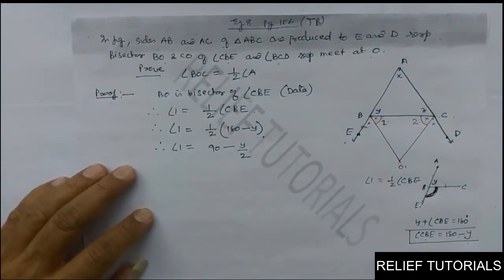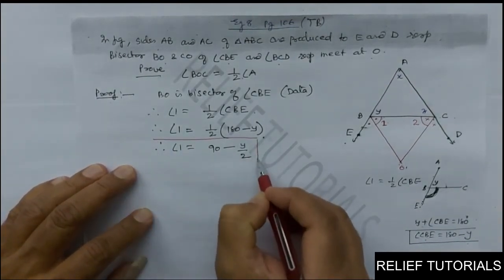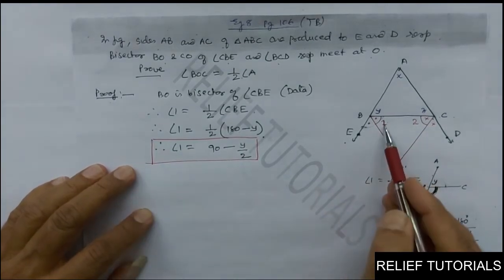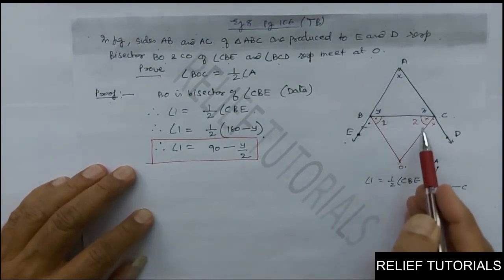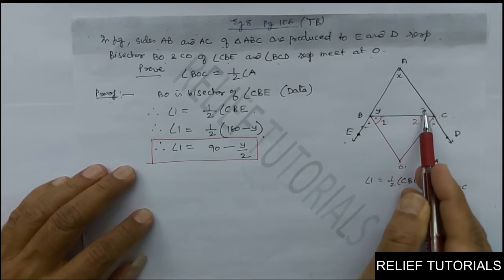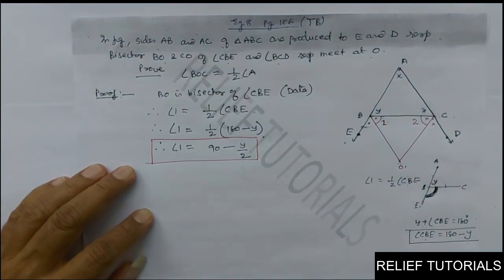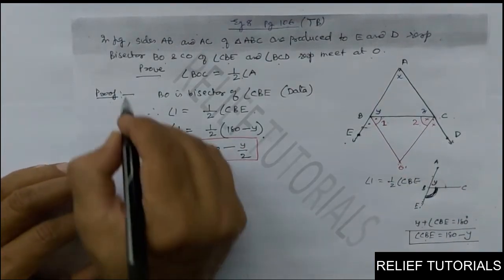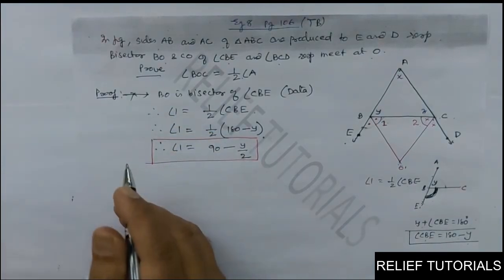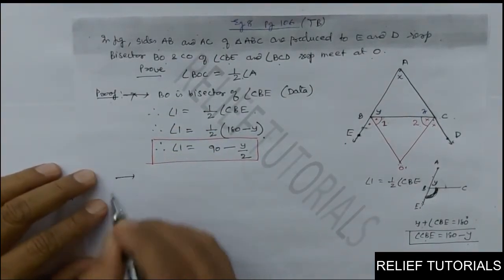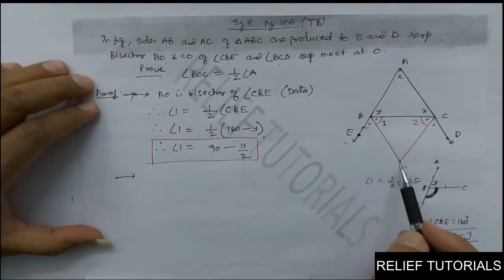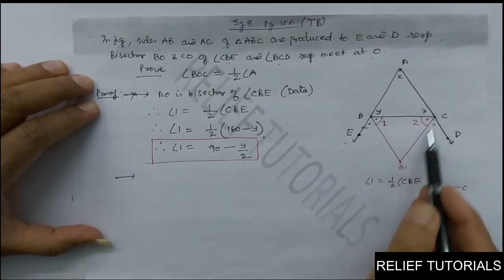So I got angle 1. So angle 1 is equal to 90 minus Y by 2. So angle 2 will be 90 minus Z by 2.